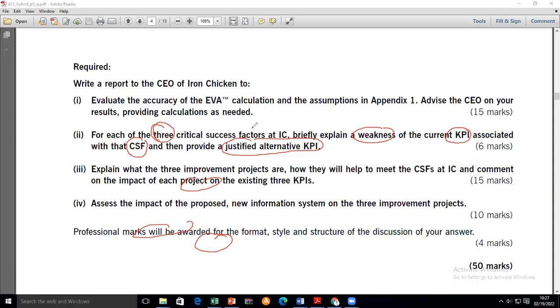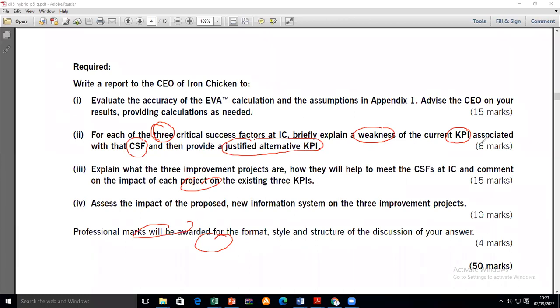So there's some things to pick from this question. It shows that sometimes the KPIs that we can suggest may be weak. And if you have got a weak KPI, it means that we're not monitoring our critical success factors and won't achieve our objectives.